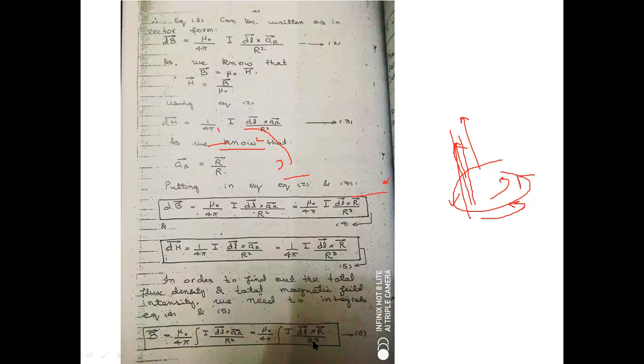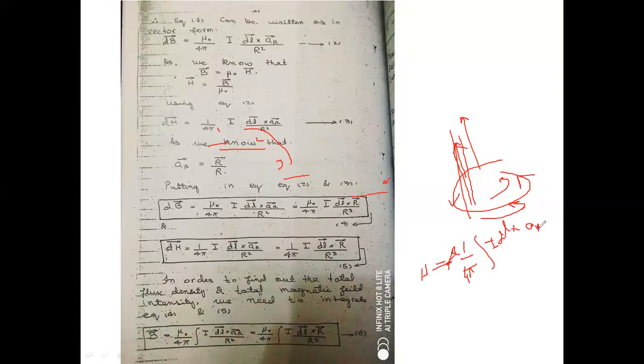And if you want to find the H value for the complete filament, this is also simple. H is equal to 1 over 4 pi integration I dl cross ar over r square. There will be no mu naught.